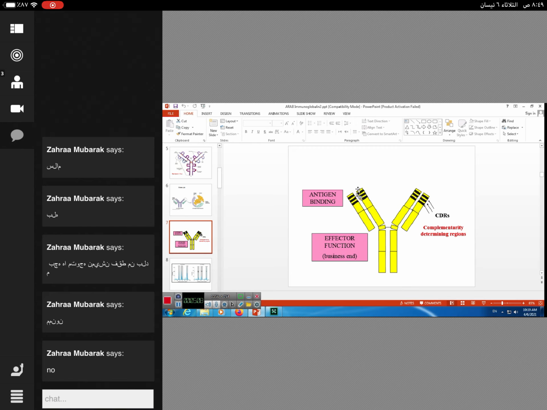So, each variable domain is composed of 3 different CDRs, CDR1, 2, and 3. And CDR3 is very important in antigen binding. So, if an amino acid change occurs in CDR3, it leads to ineffective antigen binding, or it may lead to hyper affinity maturation.